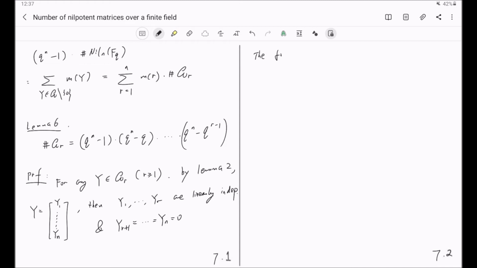The first row, y sub 1, can be anything except for 0. So there are q raised to the power n minus 1 choices for y1.